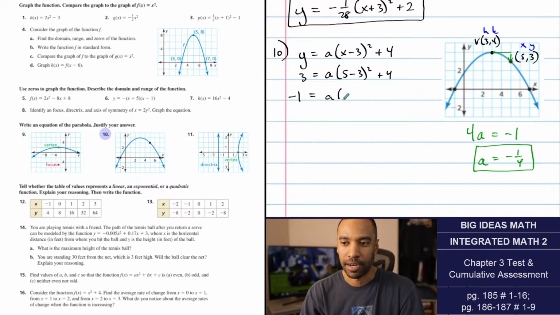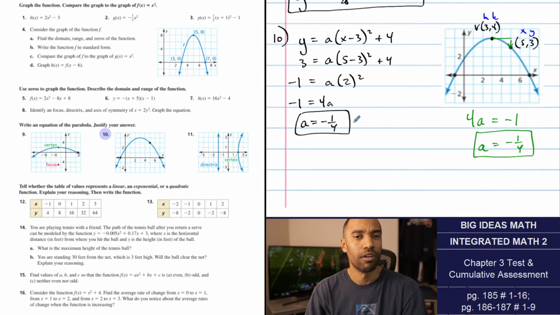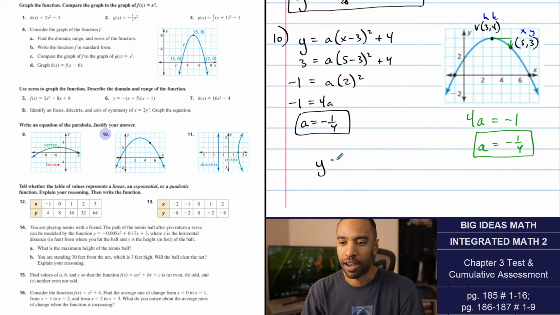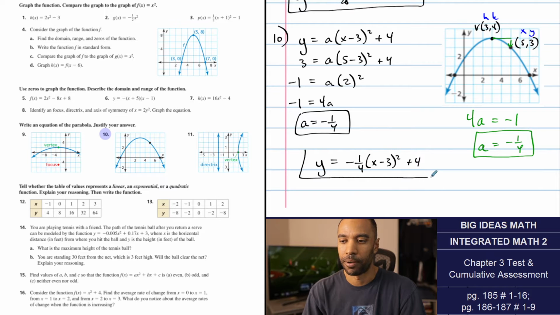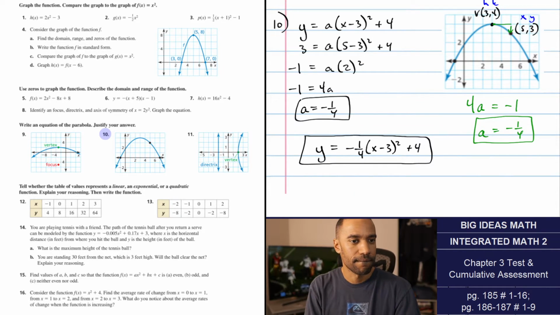I'm going to do 5 minus 3 to get 2. 2 squared, and you get -1 equals 4a. Hey, that looks familiar right here. Divided by 4, you get a is -1/4. So you can see where I got that same answer from what I did in a different method. So your final equation will be y equals -1/4 times x minus 3, quantity squared, plus 4. All right, there's number 10.